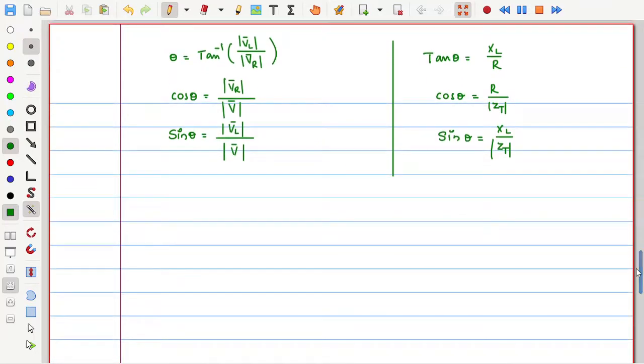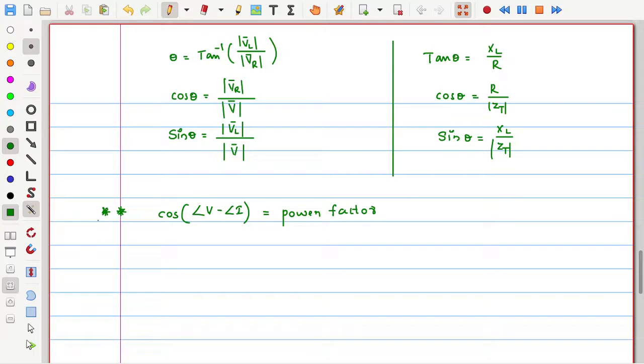Now let me introduce one more thing. The cosine of the angle between voltage and current is referred to as the power factor. This is one of the important terminologies you should carefully observe.